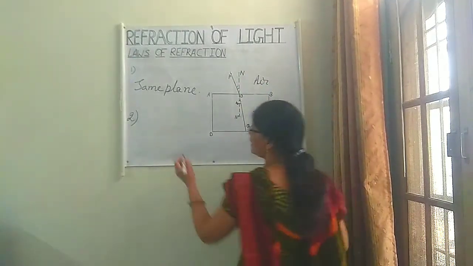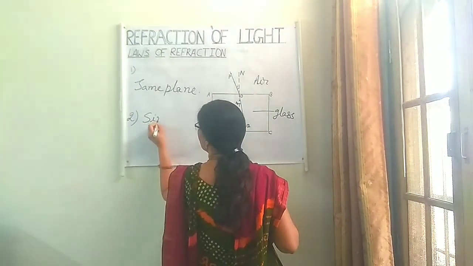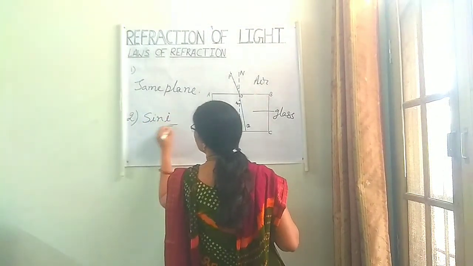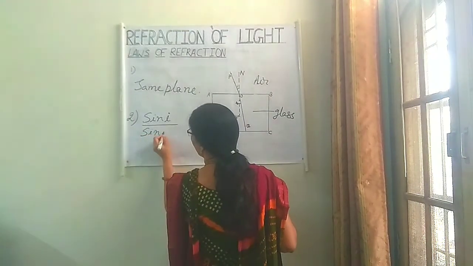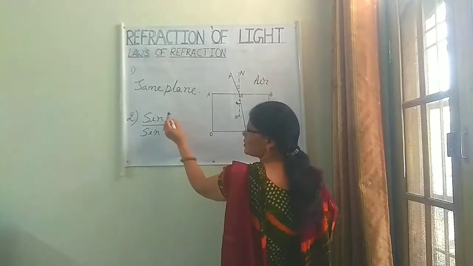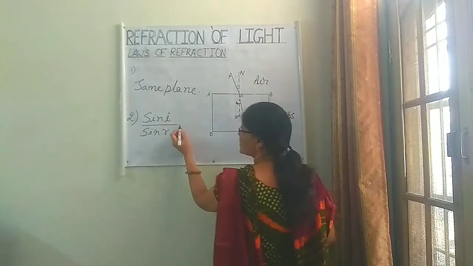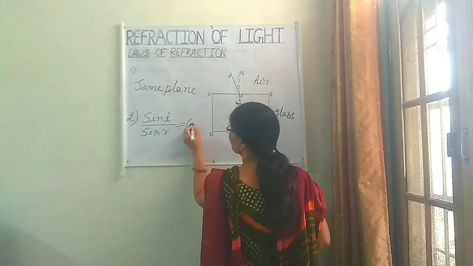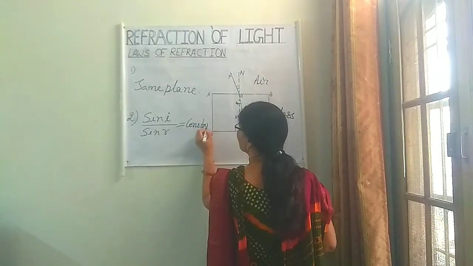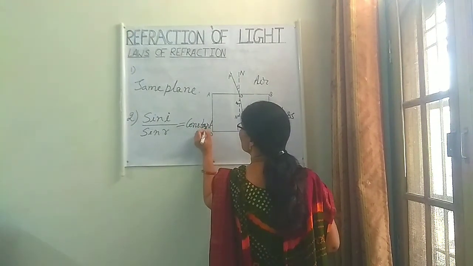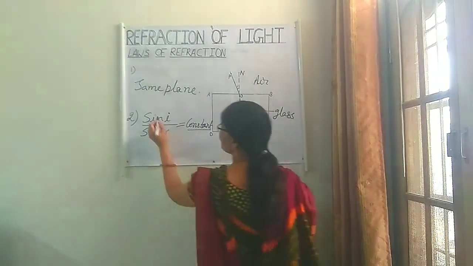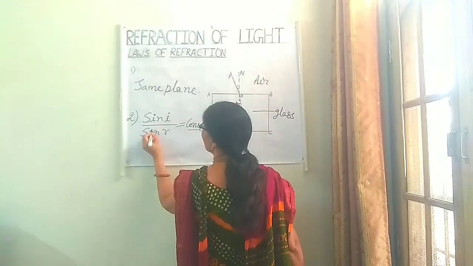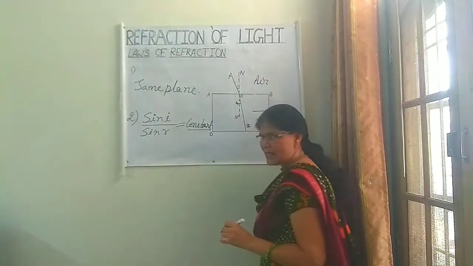So the ratio of sine of angle I to the sine of angle R is constant. This is our second law.